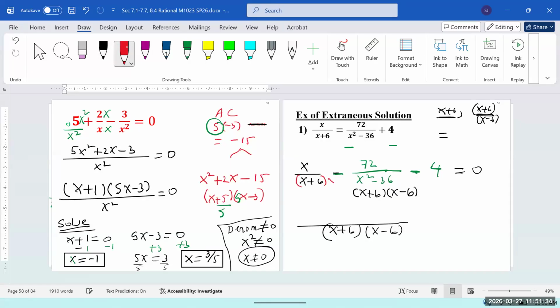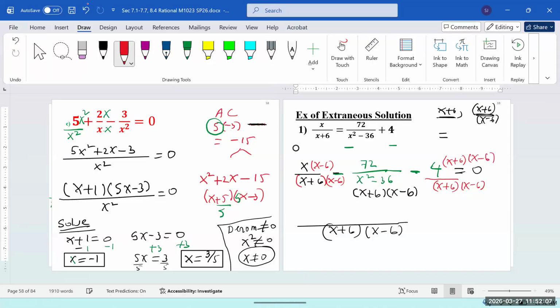So this denominator is missing x minus 6. So I multiply numerator and denominator. The second denominator, are we missing anything? It's perfect, so don't touch. How about 4? What do we want below 4? Both of them, x plus 6, x minus 6. So we multiply both x plus 6, x minus 6.